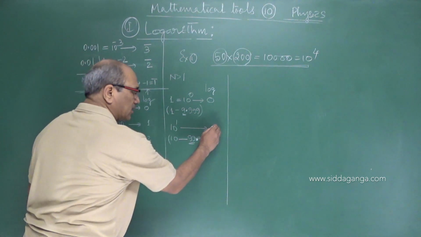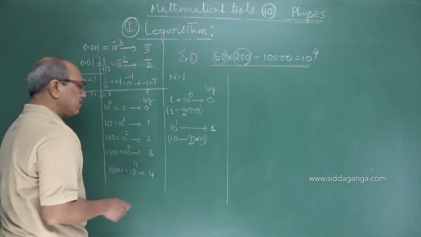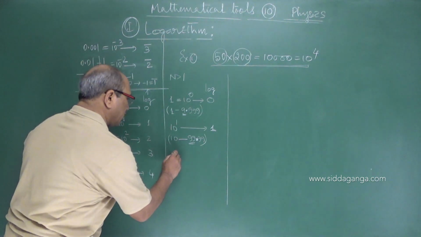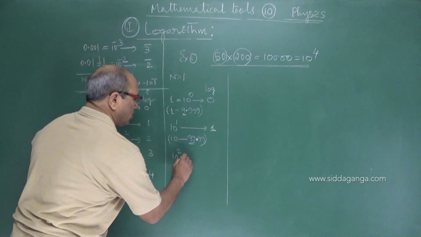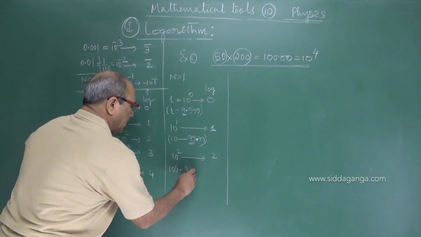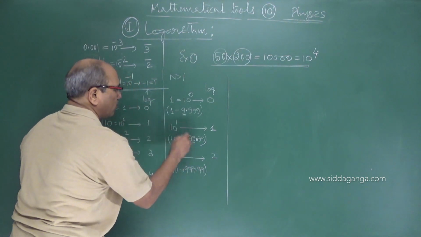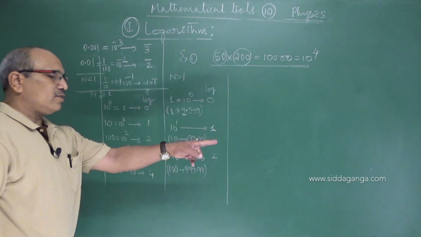So the characteristic is 1, something that comes later. Again, take 100 for 10 power 2, log is 2, meaning from 100 to 999.99, anything you go, the characteristic is 2.